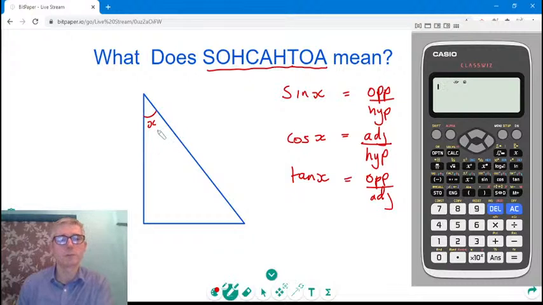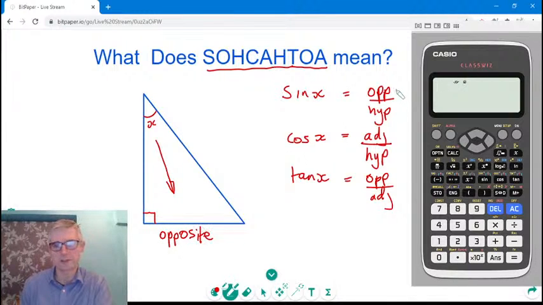These are where the sides are in relation to the angle. If we're in a right-angled triangle, that's 90 degrees like that, and we had an angle here, we could talk about where the sides are in relation to it. The one actually opposite the angle is our opposite side, and I've abbreviated that as op.